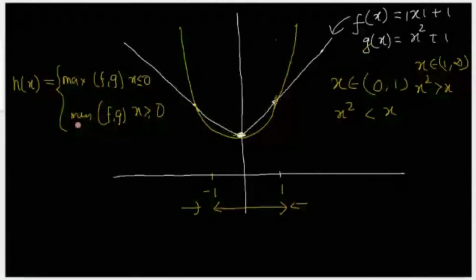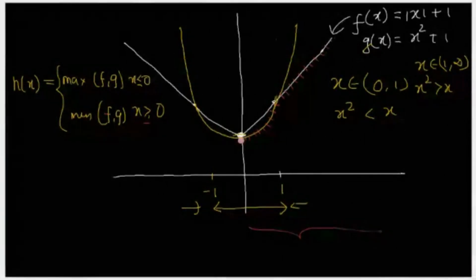I'll consider x greater than 0, this part now. It's the minimum of f and g, so always shade the minimum one. Here g lies below f, so g will be the shaded region. And after 1, f is below g, so this will be the shaded region.